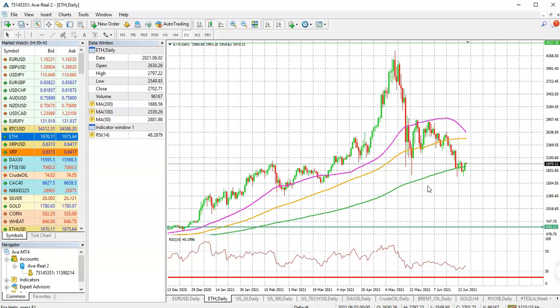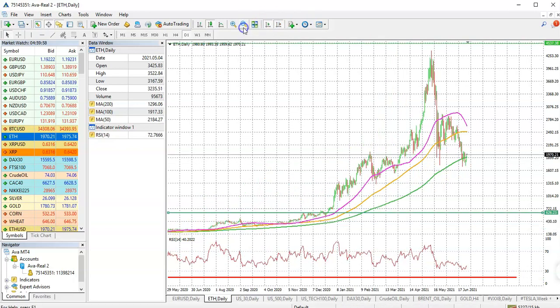So, folks, during my time at these investment banks, we always focused on these three moving averages the most. Why? Because it always gives a good indication of who is in control of the price.